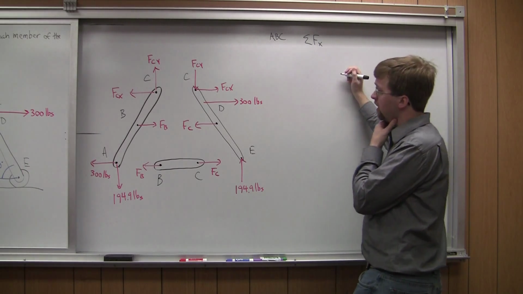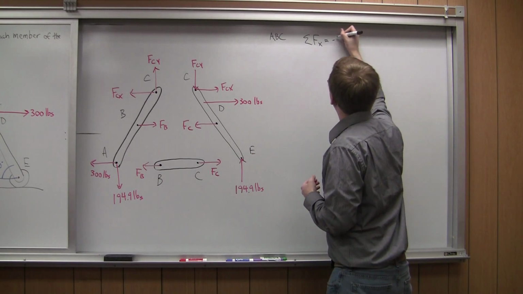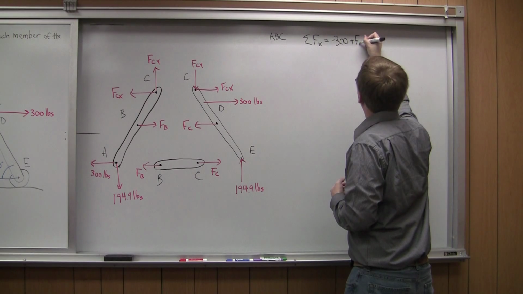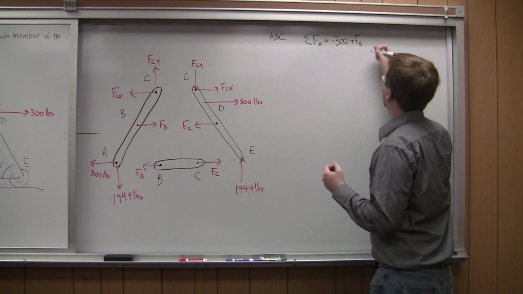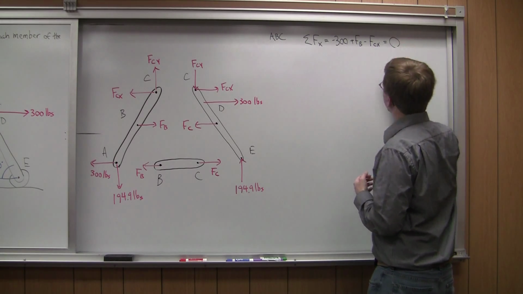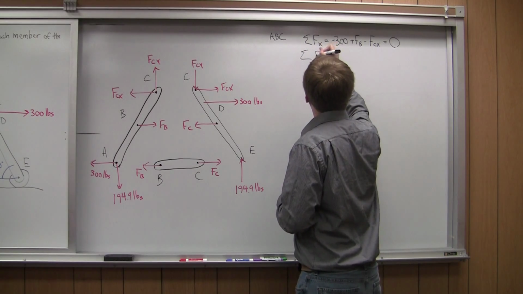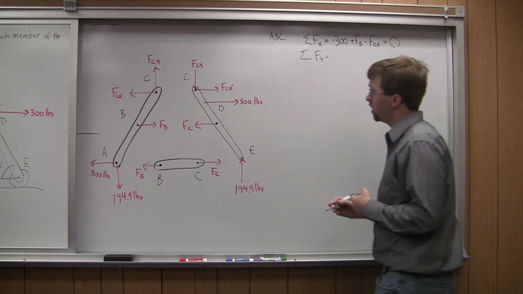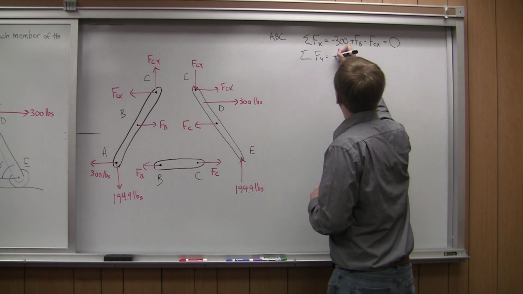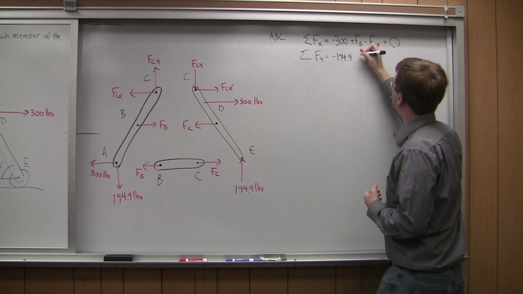For sum of forces in the X, I'm going to have negative 300 plus FB minus FCX, and that whole thing is equal to 0. For sum of forces in the Y, I'm going to have negative 194.9 plus FCY.